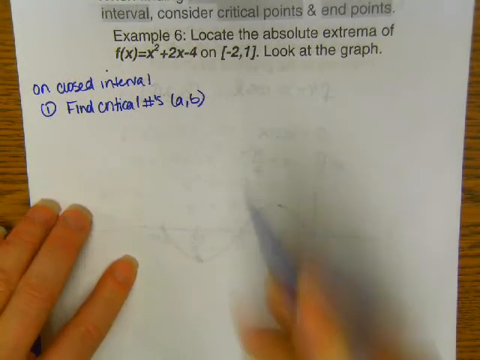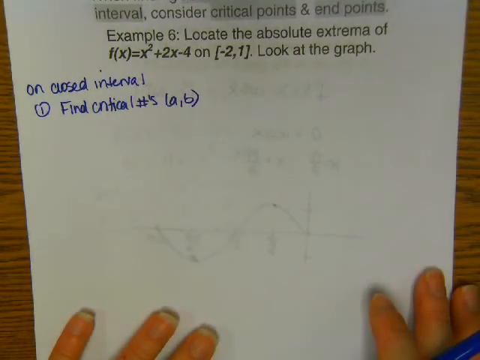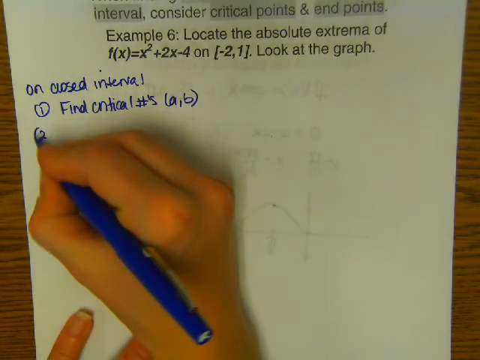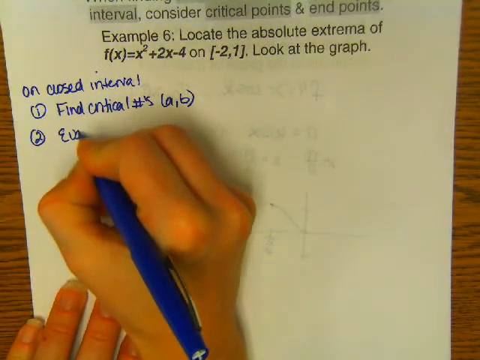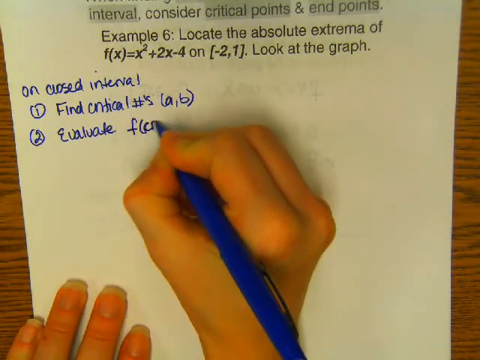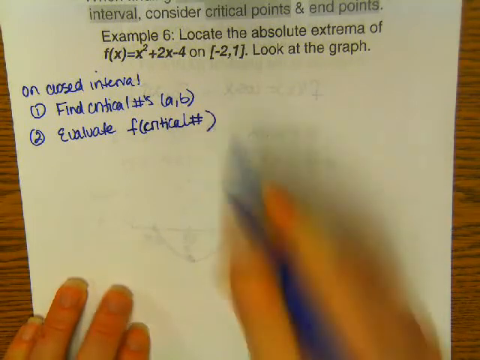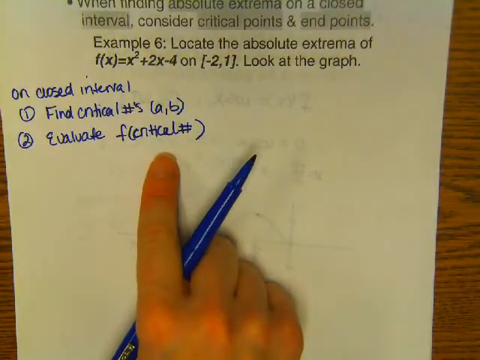because they're within the function. Two, you're going to evaluate f of each critical number. So if you find critical numbers, find the y value there. Then you're going to evaluate f at each endpoint.